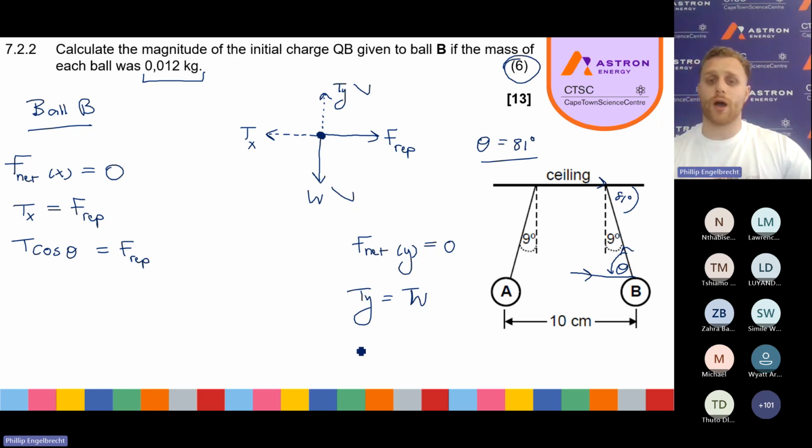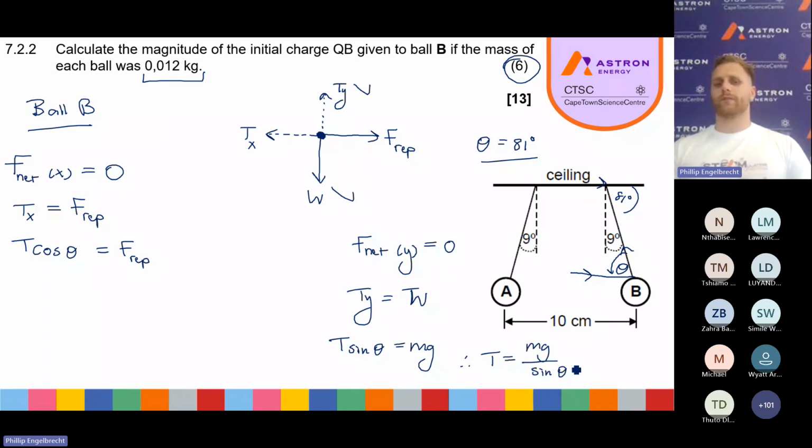Remember, tension in the y direction is T times the sine of theta, and that is equal to mg. So therefore, guys, I know that tension is simply the weight divided by the sine of theta. Remember, your force diagram is your best friend when figuring this out. Anyways, that is what my value for tension is.